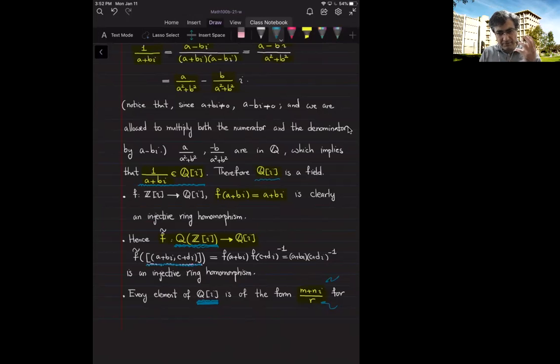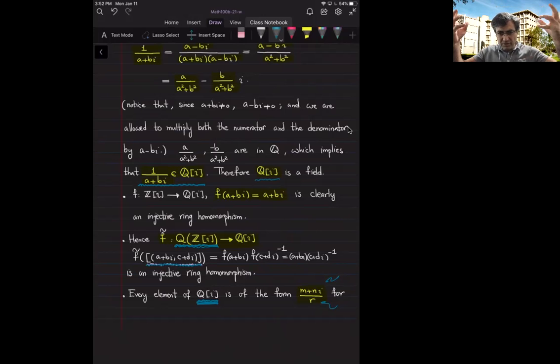The last step is to show that F tilde is surjective. So we pick an arbitrary element of Q[i], and we notice that every such element has a real part that's a rational number and an imaginary part that's a rational number. We can take a common denominator of these two and end up getting a fraction where the numerator is a Gaussian integer, m + ni, and the denominator is just an ordinary integer, r.